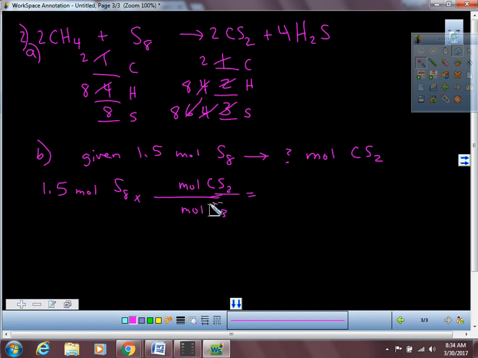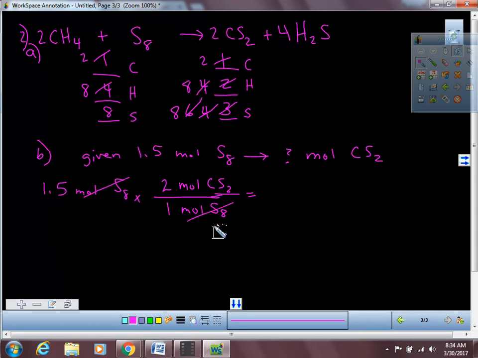How do I get that mole ratio? Where do I find the numbers that go in this fraction? The numbers in front of the thing. Okay, your coefficients from your balanced equation. So in front of CS2, I have a 2. And in front of S8, it's implied to be 1.